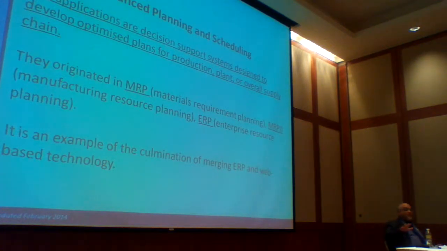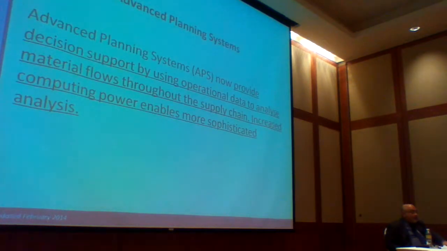Because ERP handles all kinds of resources, not only material and human resources as in the case of manufacturing. ERP is enterprise resource planning across the whole organization. So this can help us do our advanced planning system.